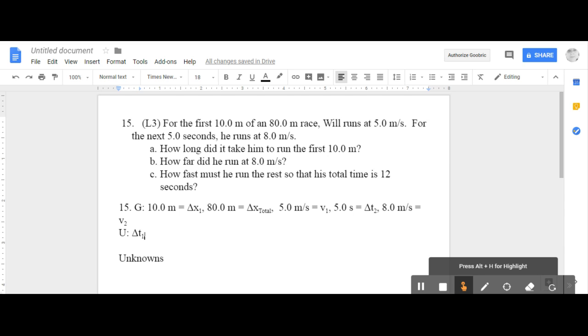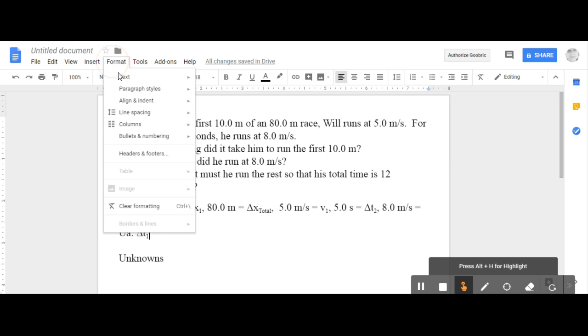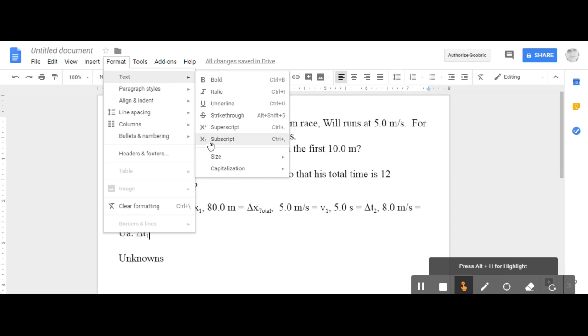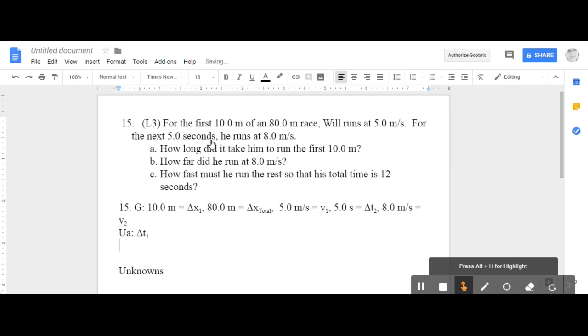Right now we're talking about the unknown for part A, so this is unknown A. After we do the next steps and solve it, we don't need to rewrite all these givens, particularly since you'll be handwriting them. We can leave them up there. And then the next unknown, we can just start with unknown B.